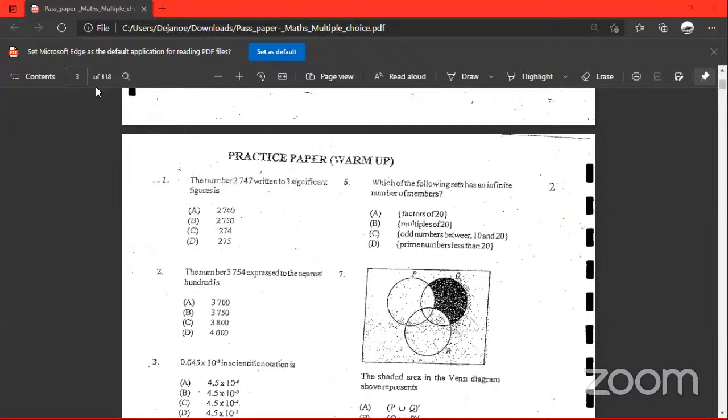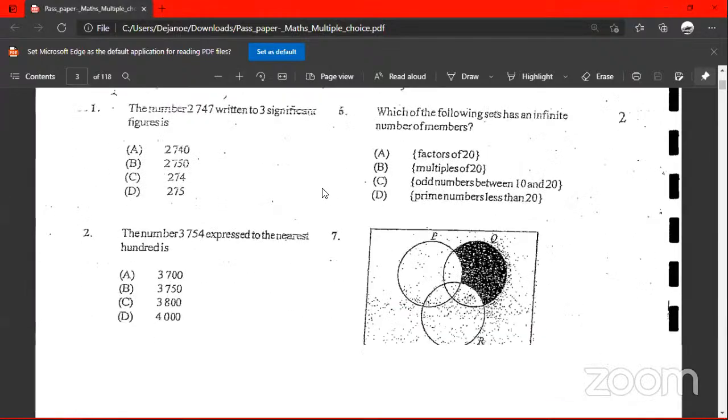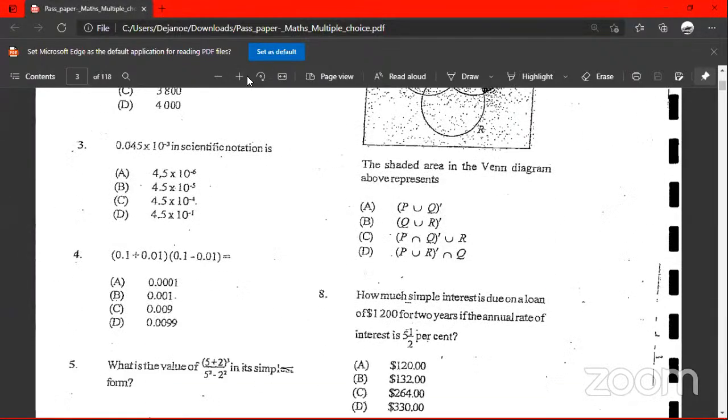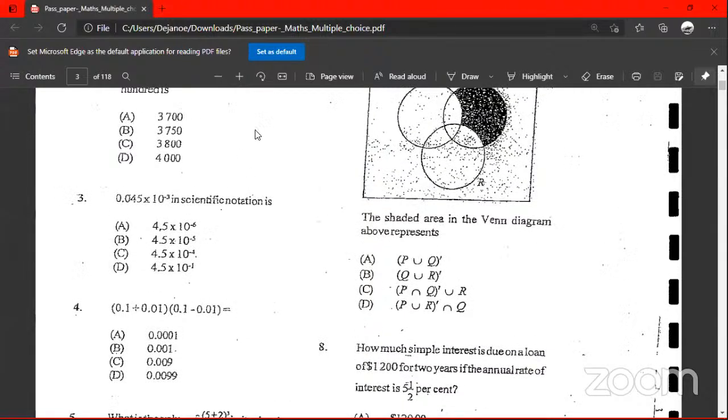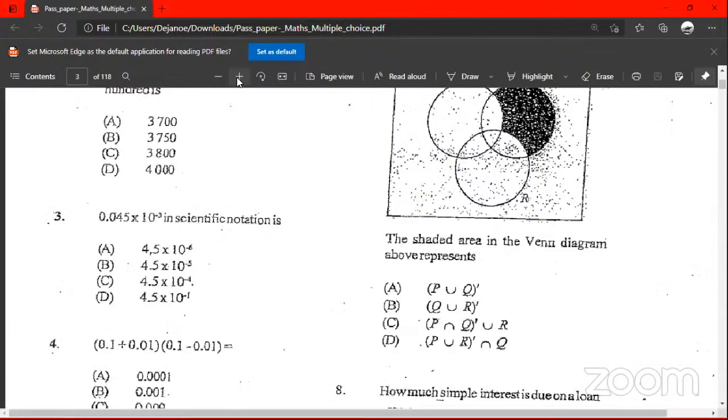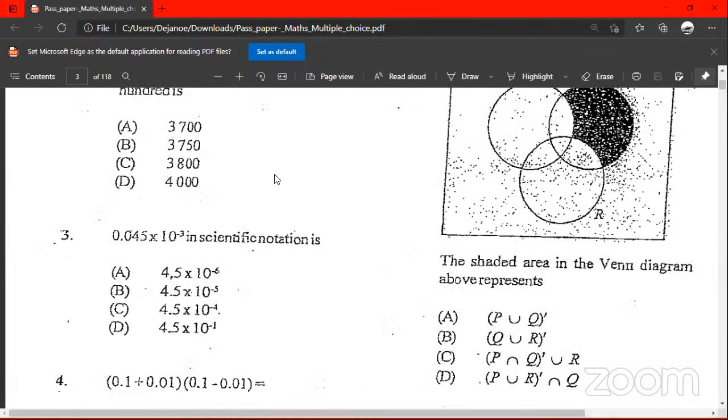Miss, you seeing it? Wow, that's really nice. Better than what I was showing. All right, zoom in a little for me. Just zoom into the number 3 question. Number 3. Zoom in some more. I'm going to let you be the one sharing from now on.